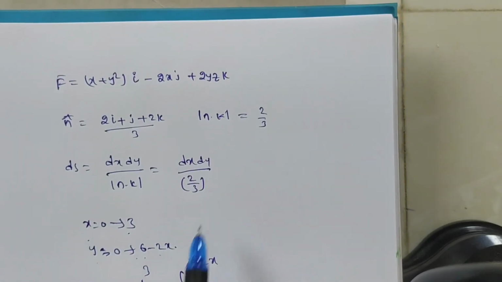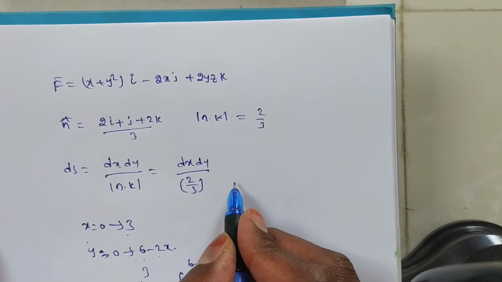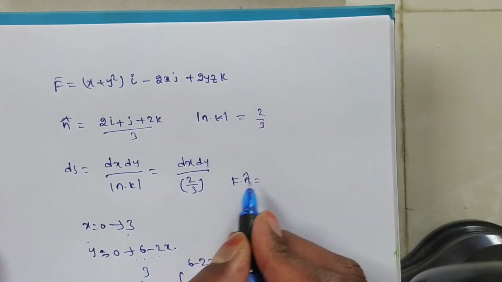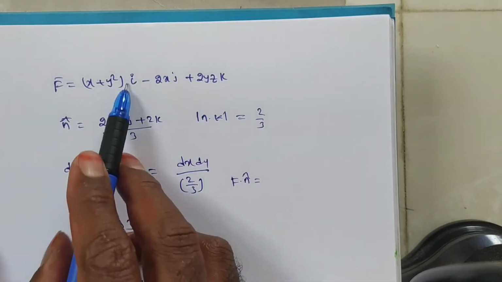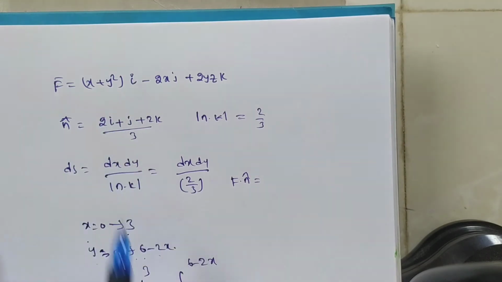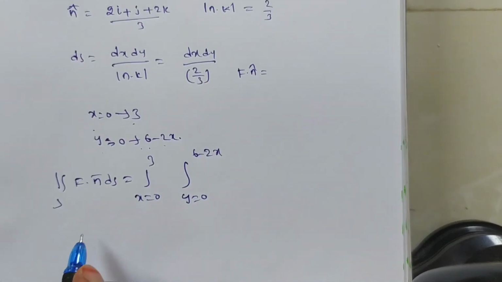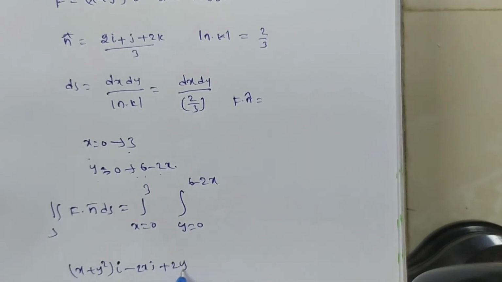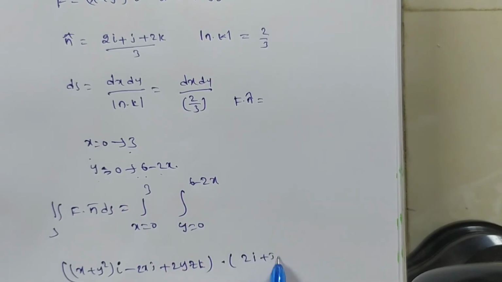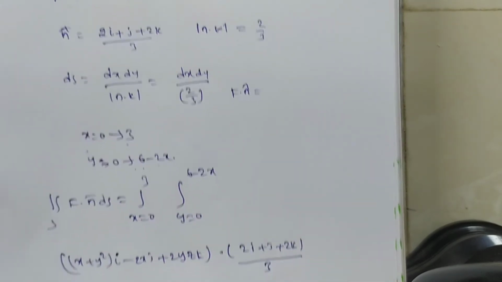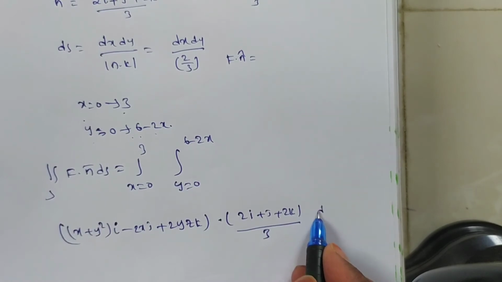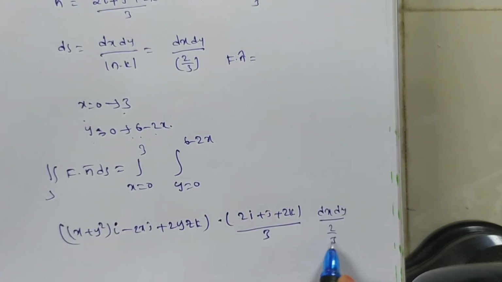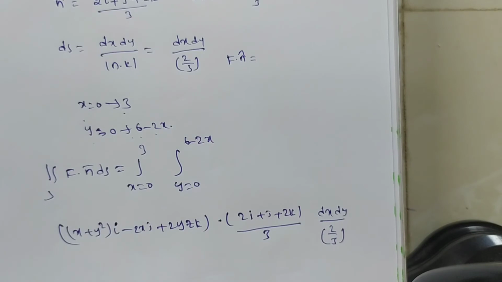First it is better to do f bar dot n cap separately here. Then the f bar is (x plus y squared) i minus 2x j plus 2yz k, dot product with (2i plus j plus 2k) by 3, into ds, which is dx dy by 2 by 3. So I am writing this term also.